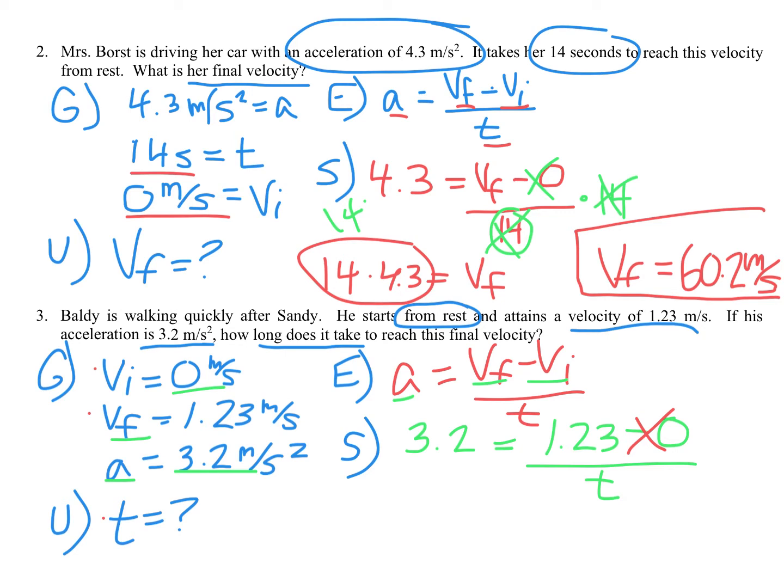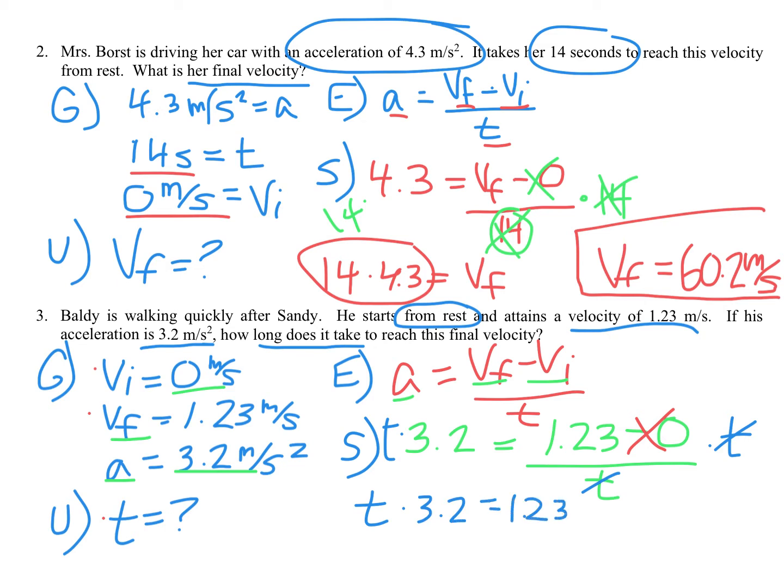So it's really just 3.2 equals 1.23 divided by T. So to solve that, we have T in the denominator. Let's get T into the numerator. So I'm going to multiply both sides by T. By doing that, this T cancels out, and I'm left with T times 3.2 equals 1.23.